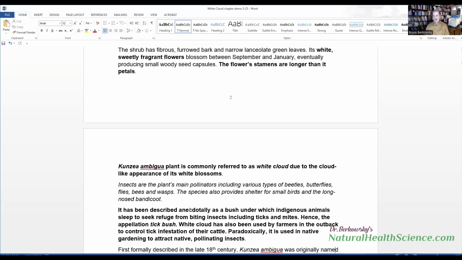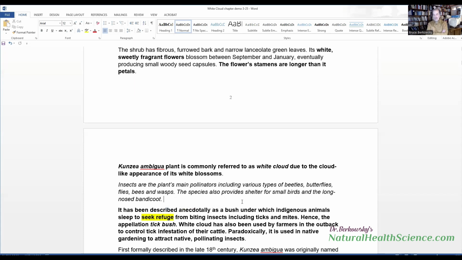It's been described anecdotally as a bush, meaning the white cloud plant, under which indigenous animals sleep to seek refuge from biting insects, including ticks and mites. So what do we see in this? Well, the animals seek refuge, protection. What is protection in human terms? Immune system.